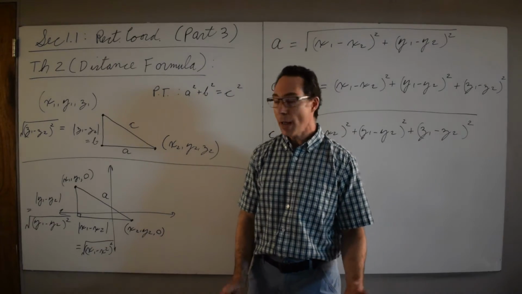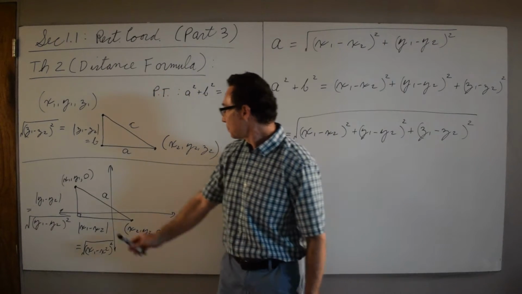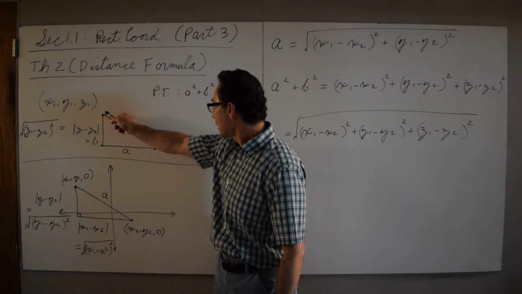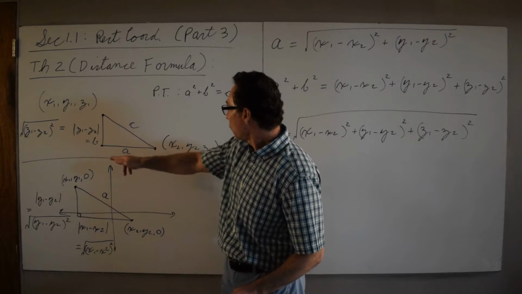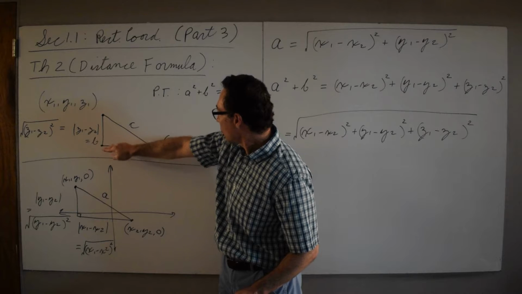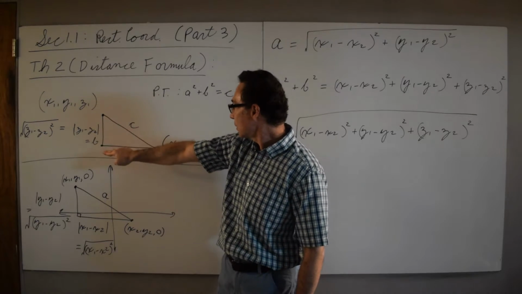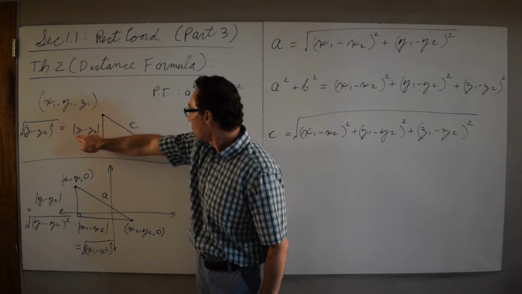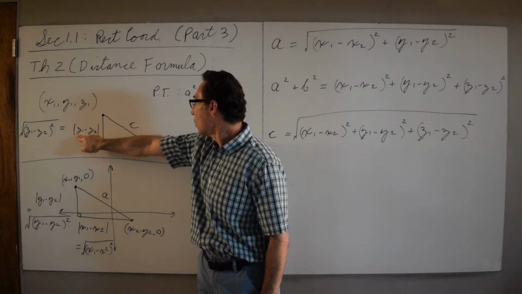Now this is a triangle in 3-space. This side has length A, and this side here has length B. If we think of this as the vertical distance along the z-axis, then this is simply the absolute value of the difference of z1 and z2.